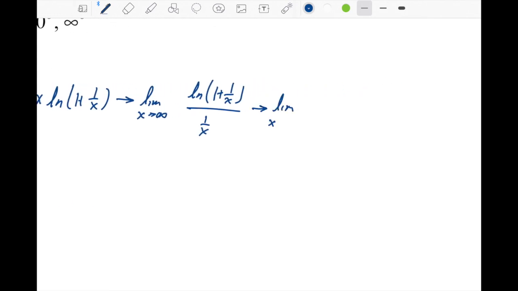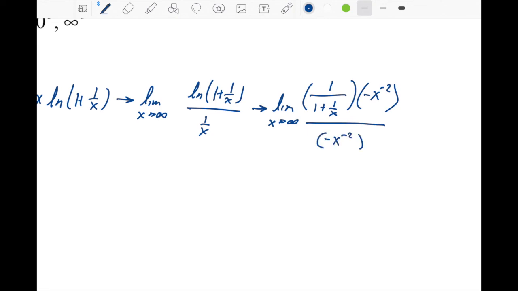I've got the limit as x approaches infinity. This is 1 over (1 + 1/x), multiplied by, chain rule, negative x^(-2) over negative x^(-2). That cancels out. Now when we apply direct substitution, this is 1 over 1 plus 1 over infinity.